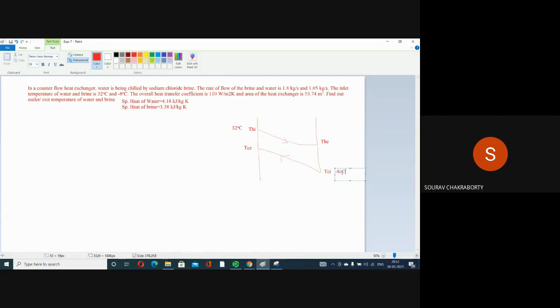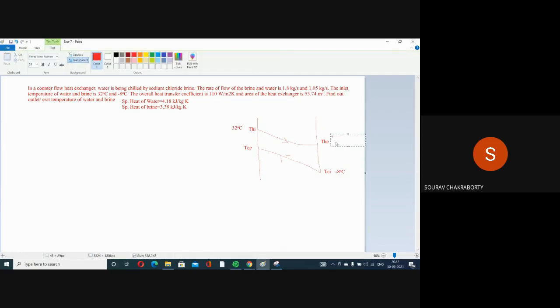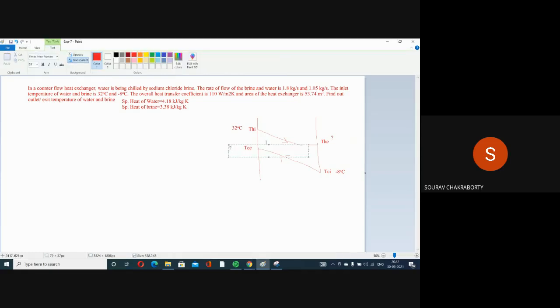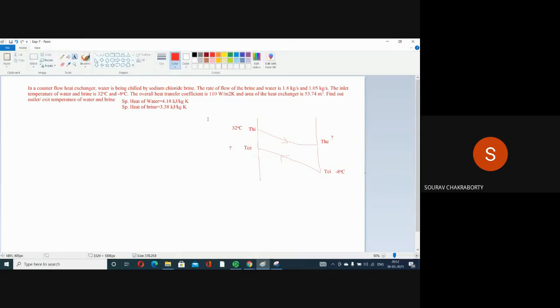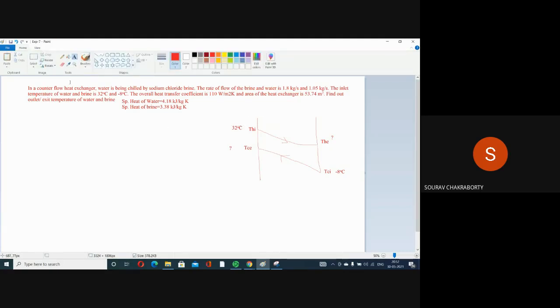So this is given. We need to determine these exit values, and other things are given. That's why we are going to follow the second condition, that means we will find out the effectiveness of the heat exchanger.